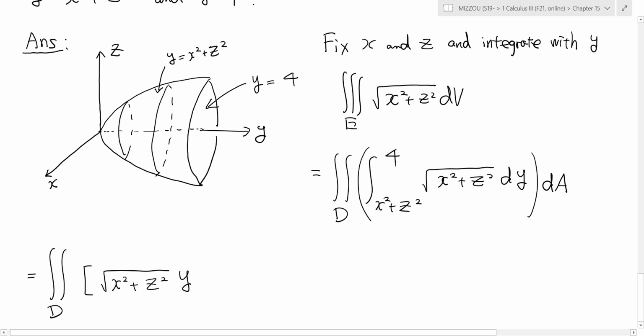And then y is from x squared plus z squared to 4, dA.